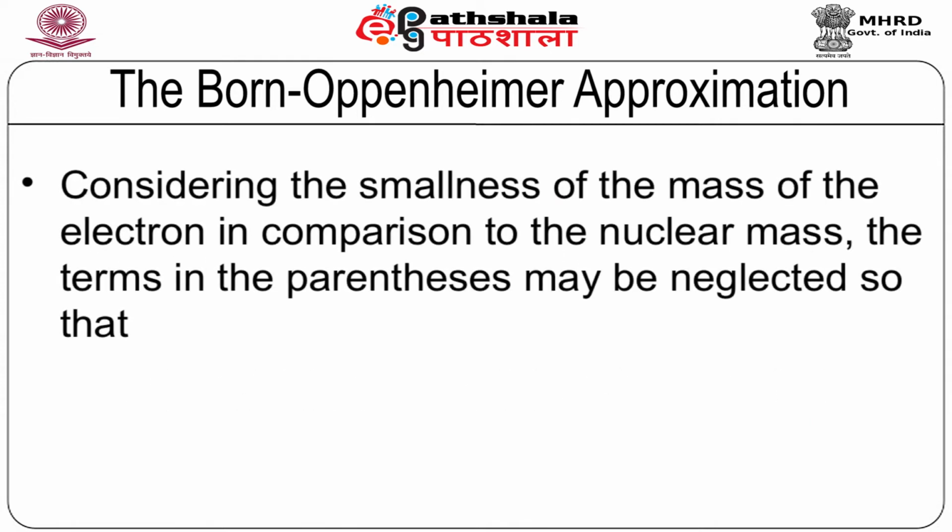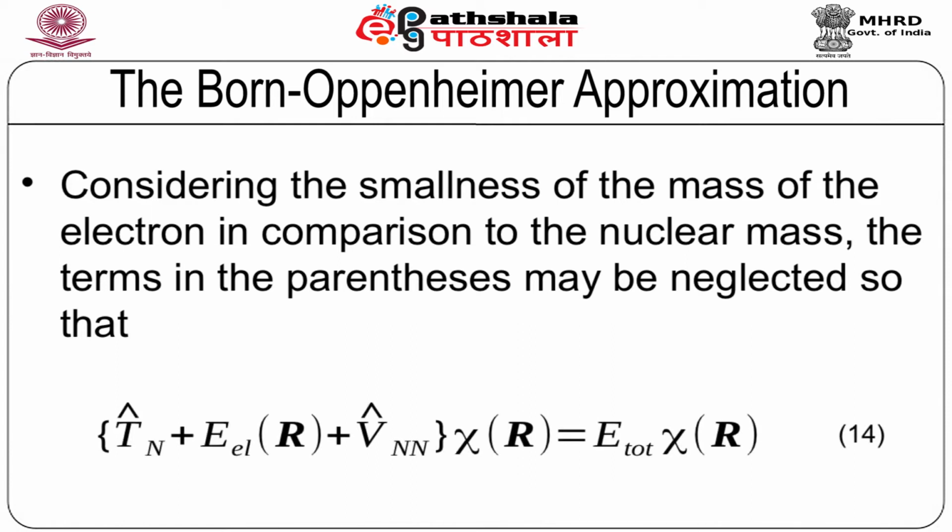Now, considering the smallness of the mass of the electron in comparison to the nuclear mass, the terms in the parenthesis may be neglected so that (Tn plus E_el(R) plus VNN) χ(R) equals E_total χ(R).